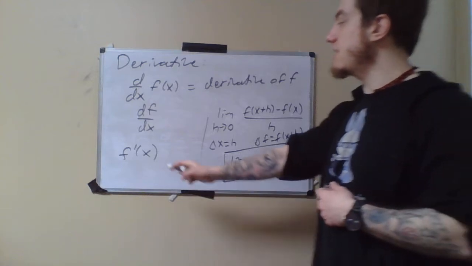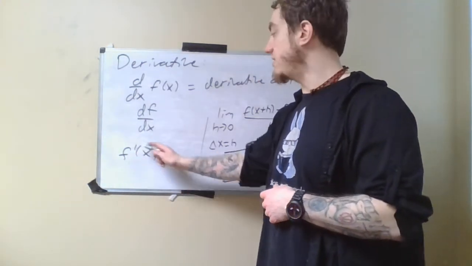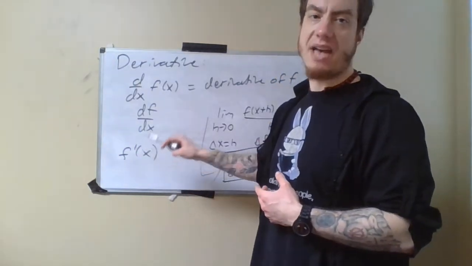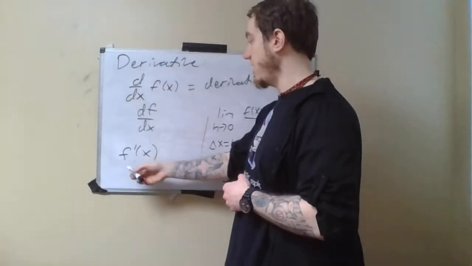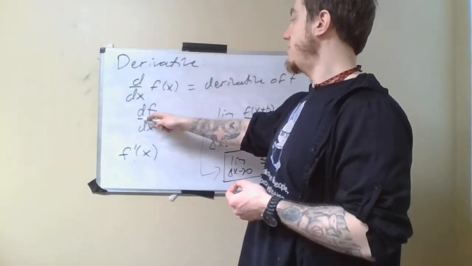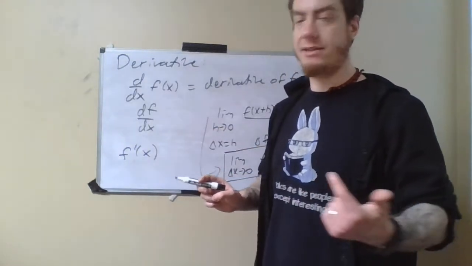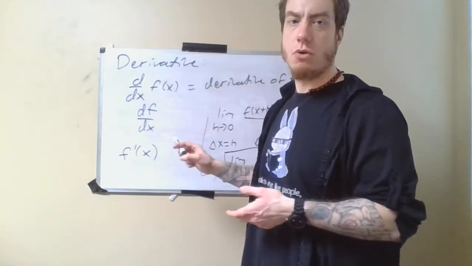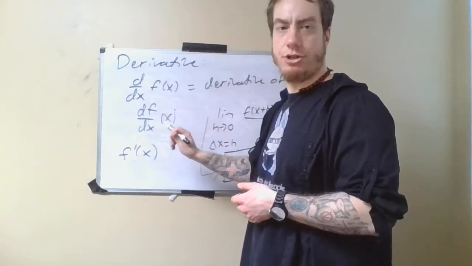Now, the nice thing about this notation is that it's naturally set up for us to remember, oh yeah, this is a function of x as well. So in a lot of ways, I feel like this notation is a bit clearer, because df over dx, also sometimes read df by dx, is a function of x, but there's no x here in this notation.